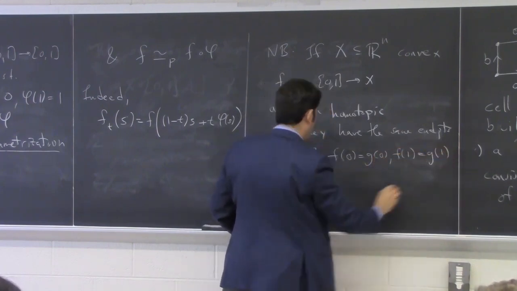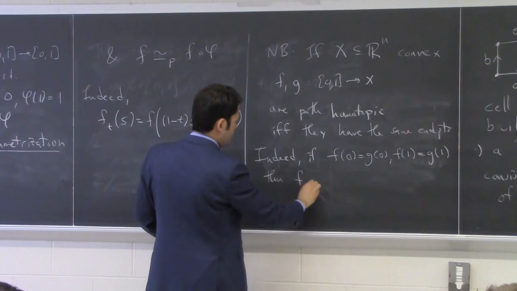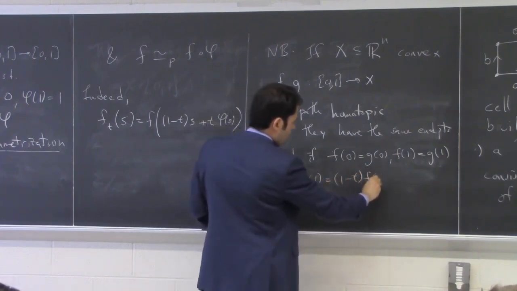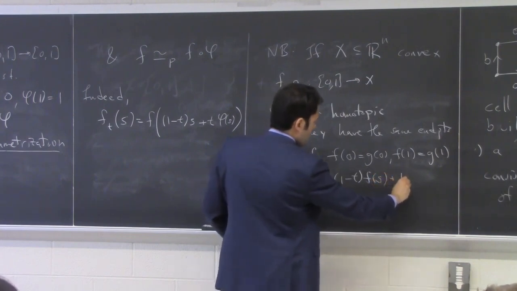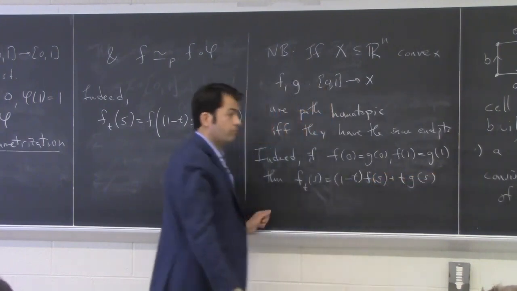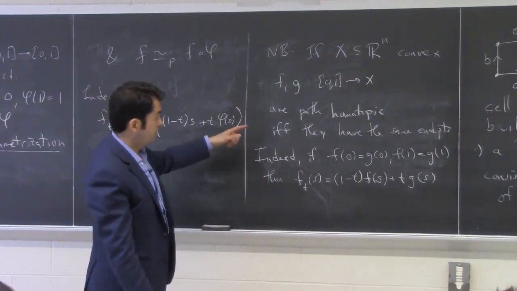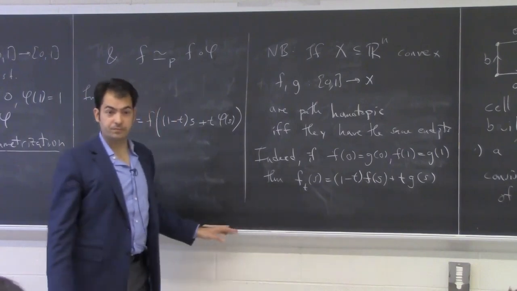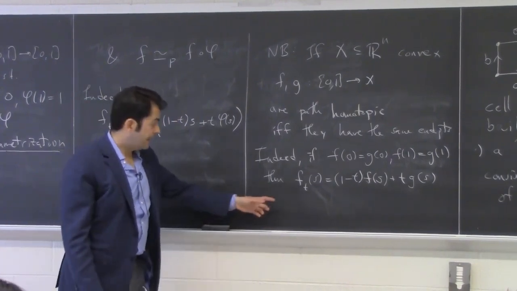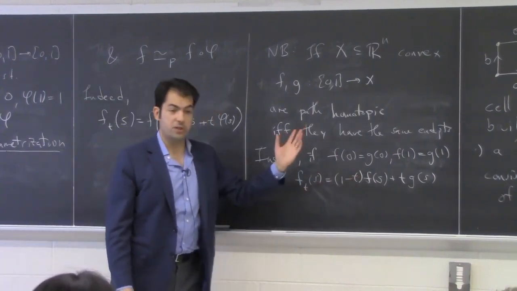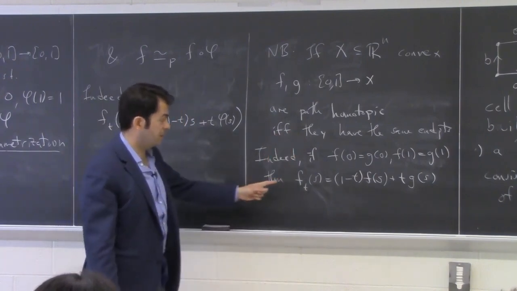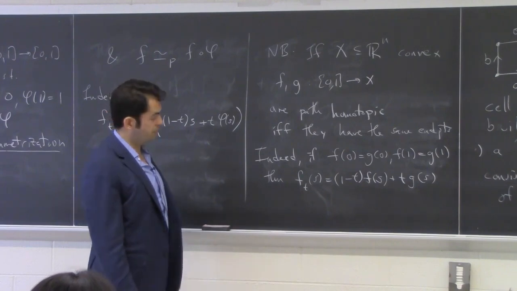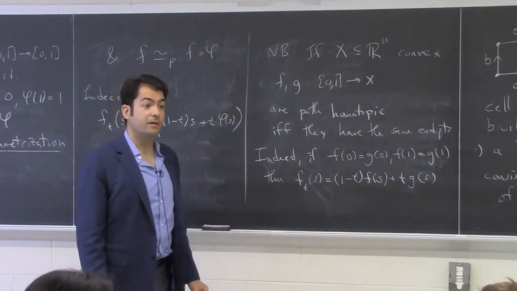If you have the same endpoints, then this is a homotopy into X, because X is convex. It's continuous, and it starts at F and ends at G. And it's a path homotopy because they have the same endpoints, so this always has the same endpoints.